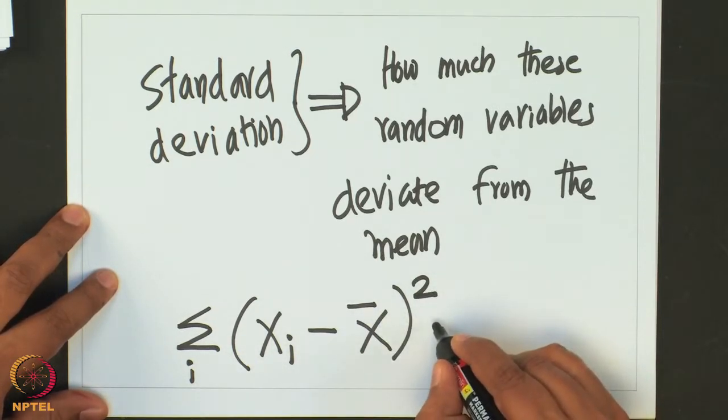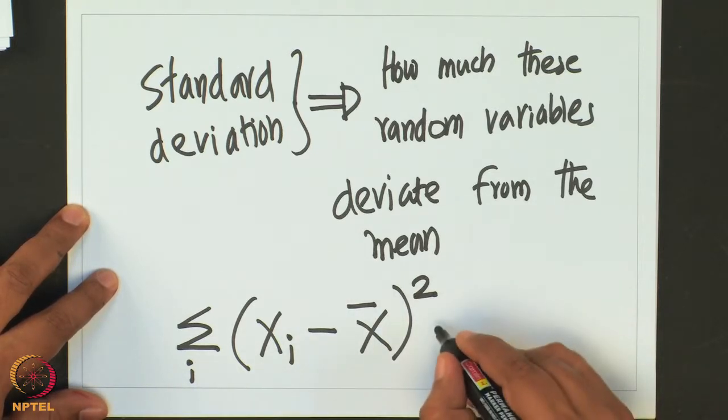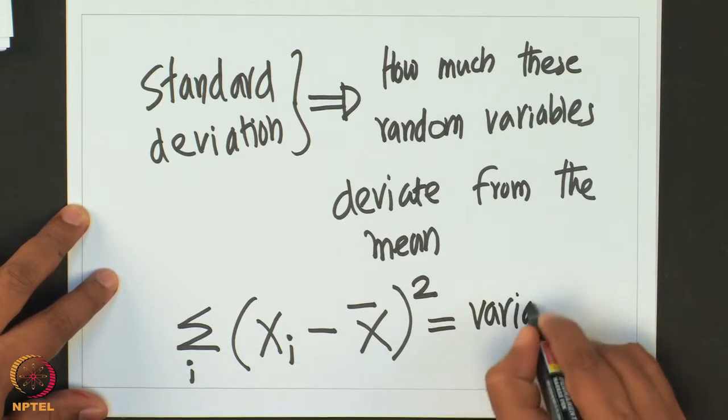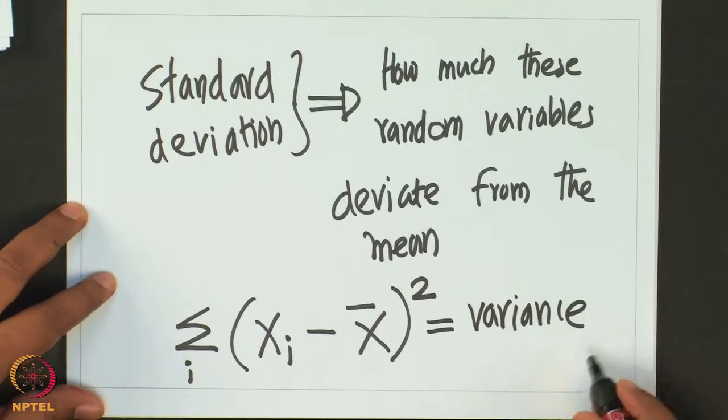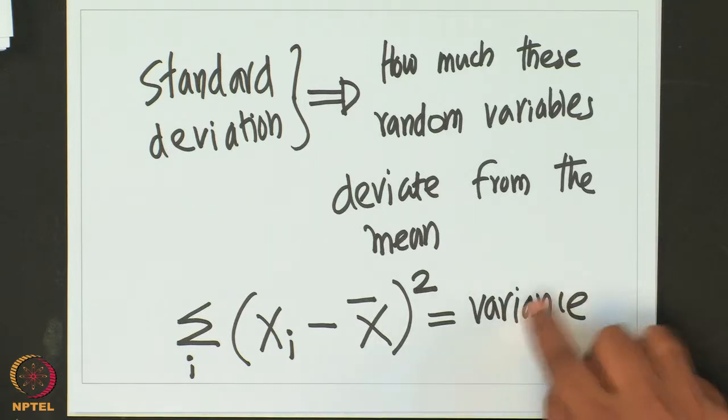This is called variance, and the square root of this variance is called the standard deviation.